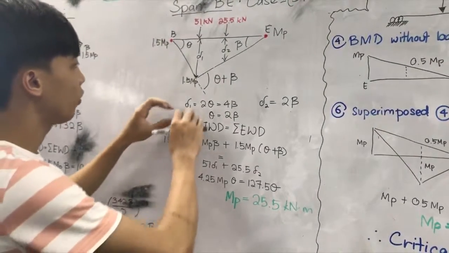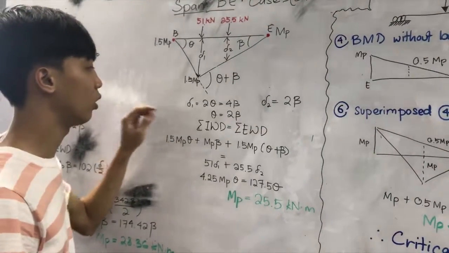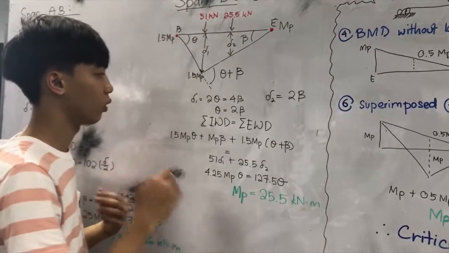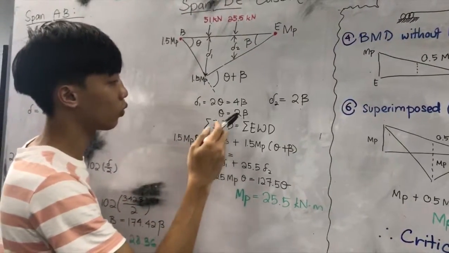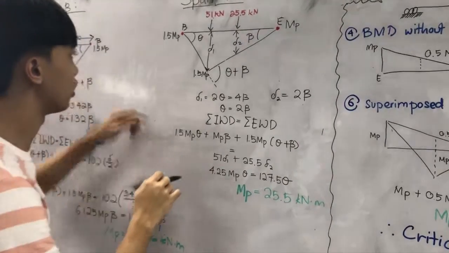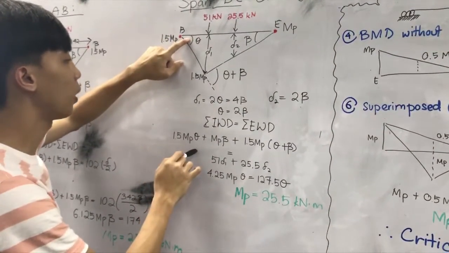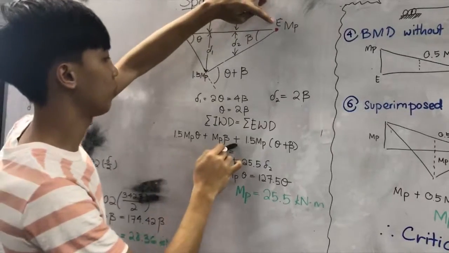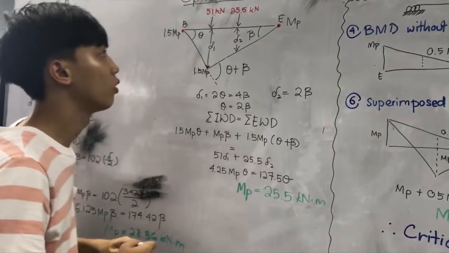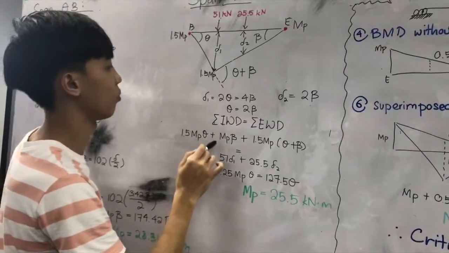So after defining delta 1 and delta 2, you have to construct this equation, in which again from the last cases, the same thing, internal work done is equal to external work done. So 1.5 mp times by theta plus by mp times by beta. So in this case, it is the location of the hinge where it is sunk.